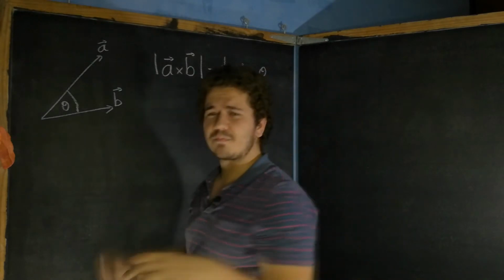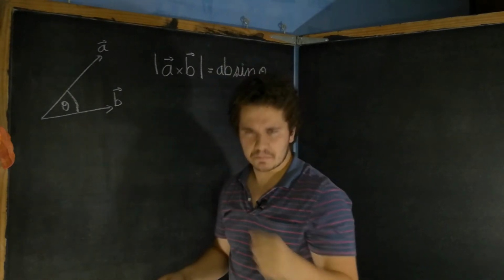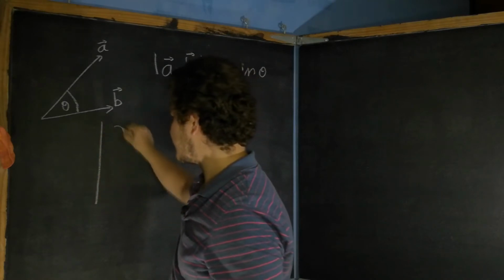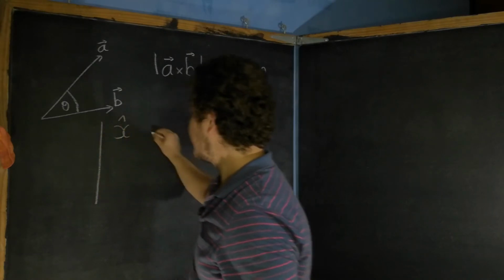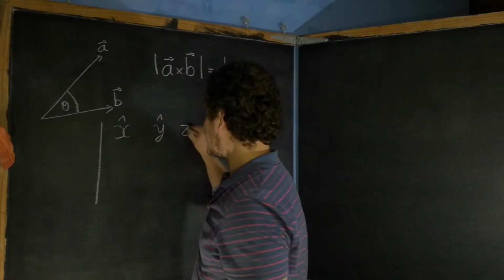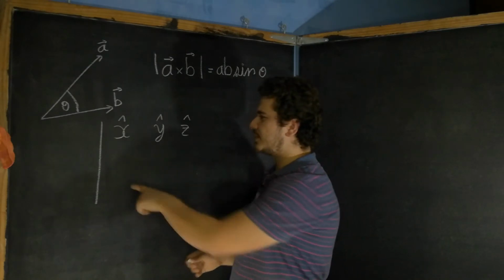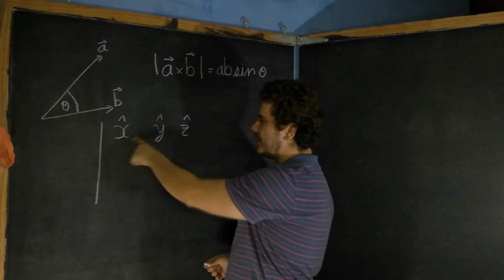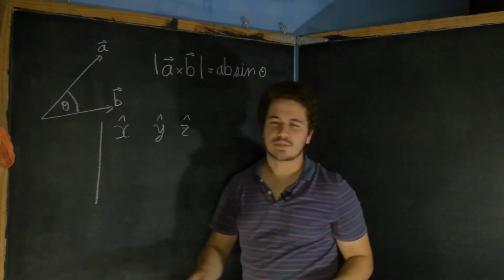Well, there's a more or less simple way to write it down, and we write it down as a determinant. We say the direction x, the direction y, and direction z. Also, you may find it very common i, j, and k. I just write x, y, and z because it's simpler to me.